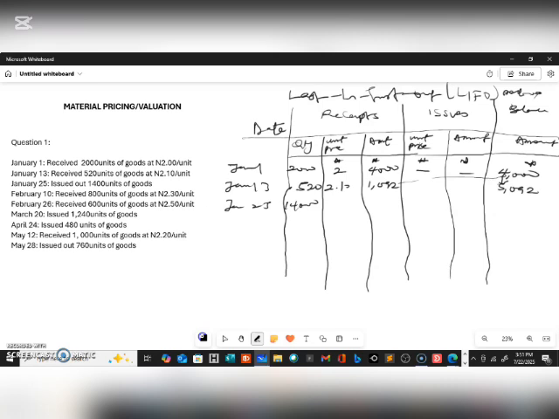So the first thing we have to do is to consider this price first. We're going to consider the 520 at 2 naira 10 kobo. Please try to be judicious and also neat in your presentation. So 520 times 2.10 will give us 1,092.